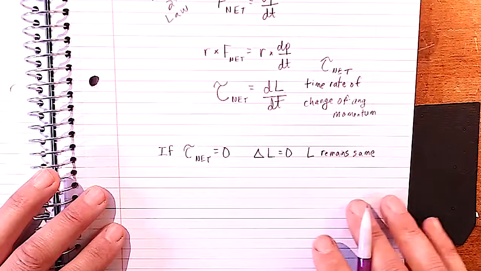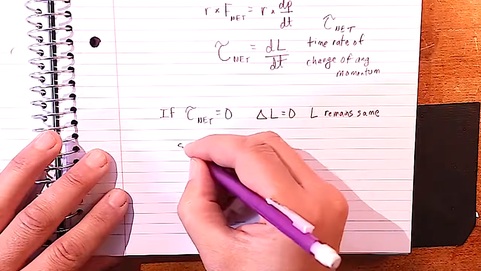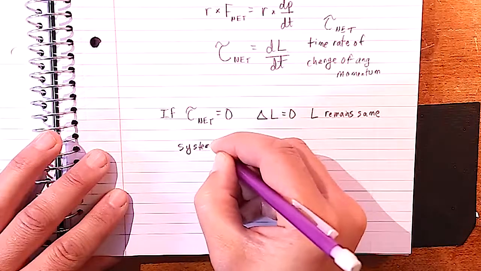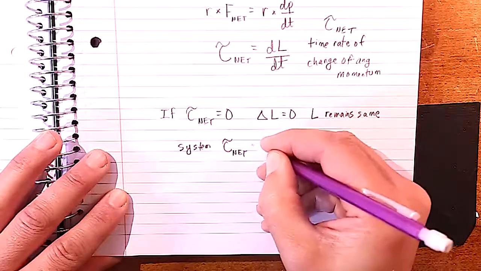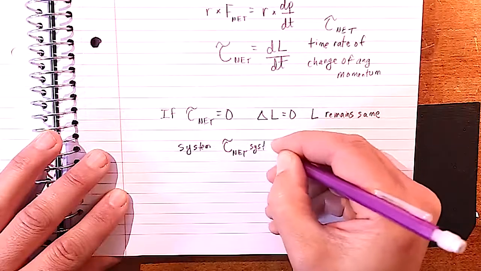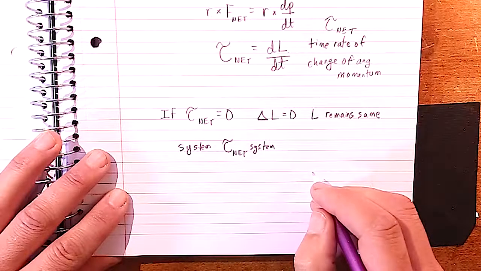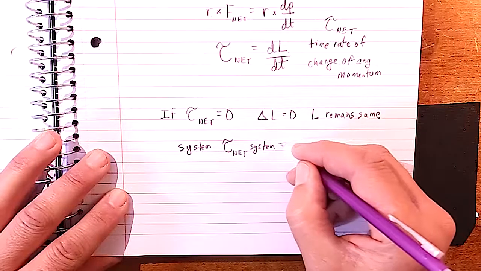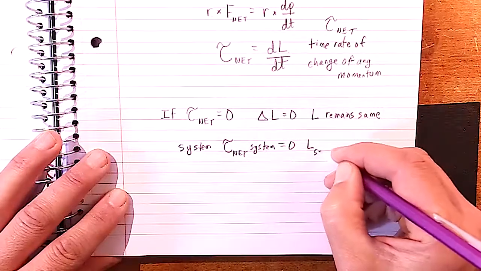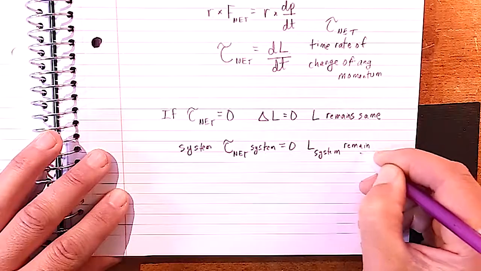And if we're doing a problem where we have a system, with multiple things in it, like a ball and a rod, then again, if the net torque of the system is 0, then L of the system must remain the same.